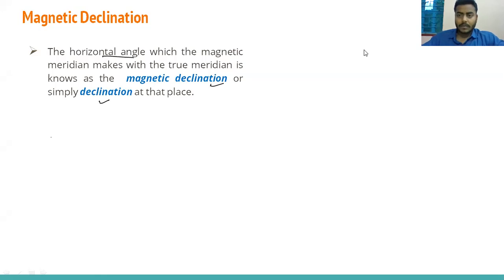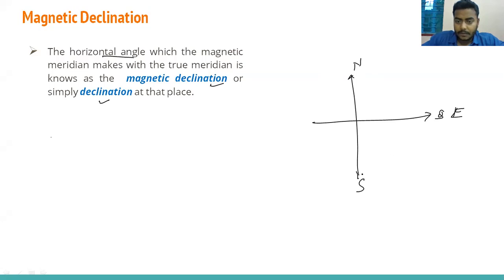Okay, so you can see, I'm drawing. Suppose this is north, this is south, east, and this is west. So this is the true meridian, T.M. And suppose this is the case where this is the magnetic meridian, right?